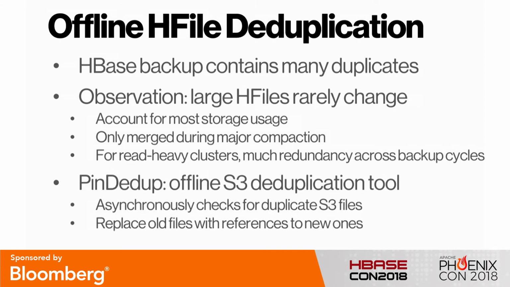Based on this observation, we proposed and implemented a simple file-level deduplication tool, which we call pindedup. It asynchronously checks for duplicate S3 files across adjacent backup cycles, and replaces the older files with references to the newer file.